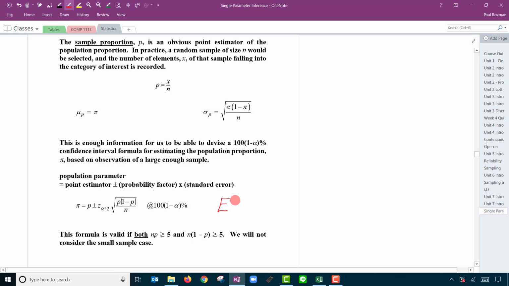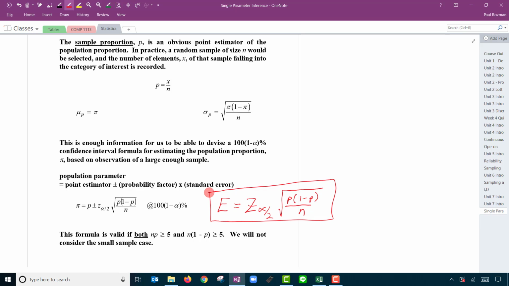So in this case, our error will be some critical z-score, z subscript alpha over 2, and then we multiply that by the standard error, which, notice above, we had pi in the theoretical form. Well, we don't know what pi is, so we'll have to estimate that with p. So this is our error formula for determining a confidence interval for the population proportion.